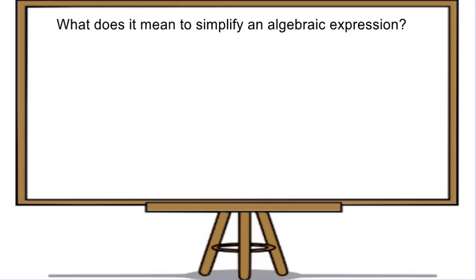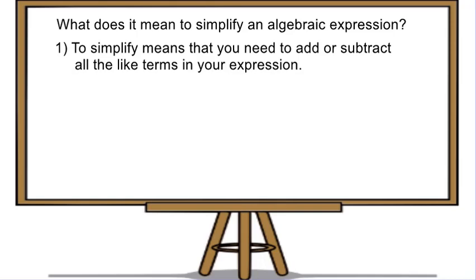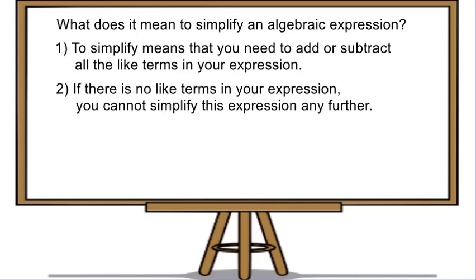First, to simplify an algebraic expression means that you need to add or subtract all the like terms in your expression. If there are no like terms in your expression, you can't simplify this expression any further.